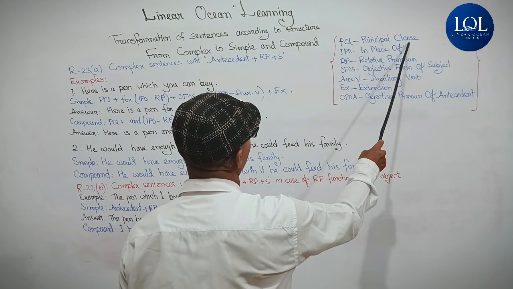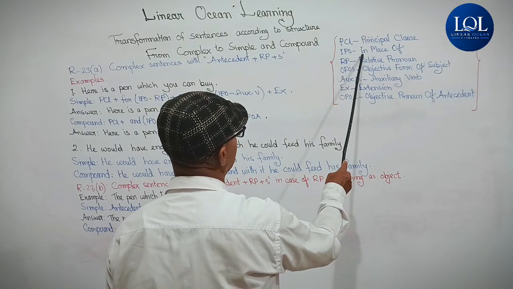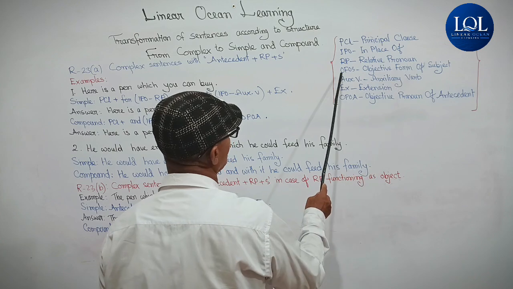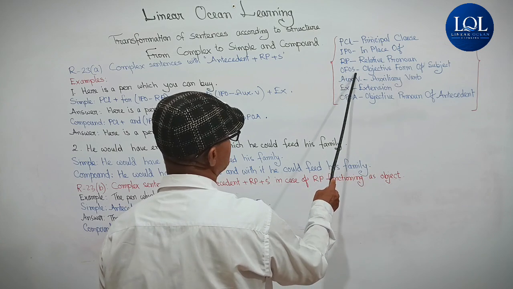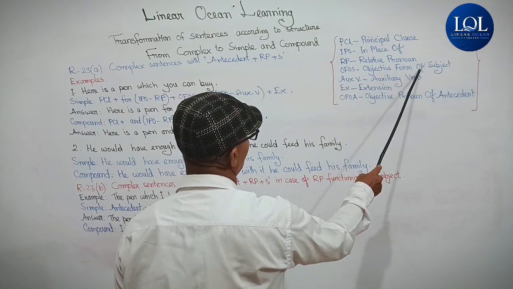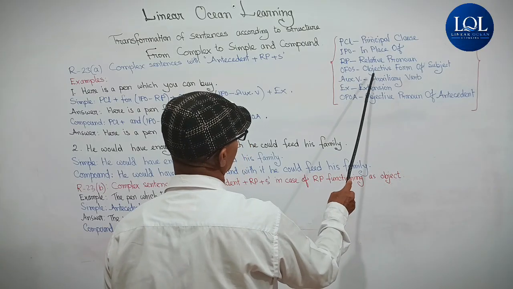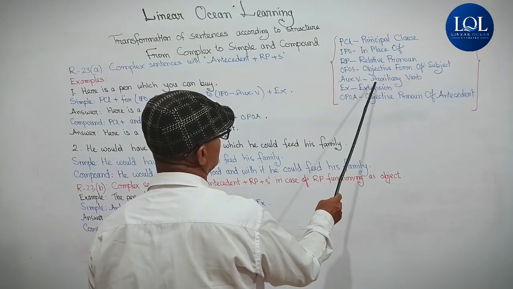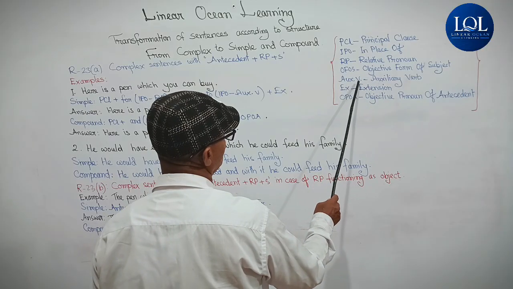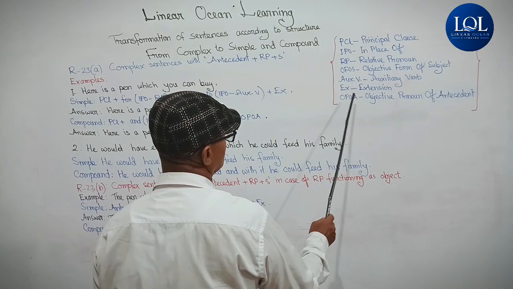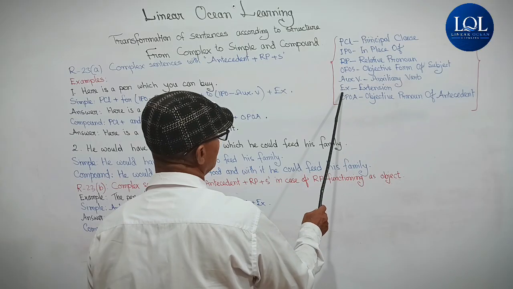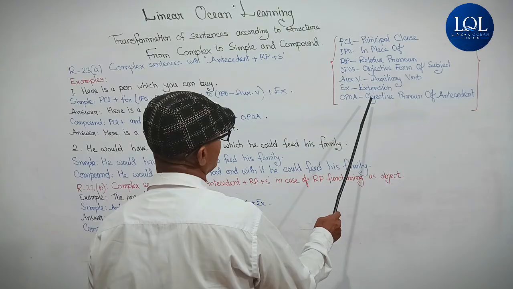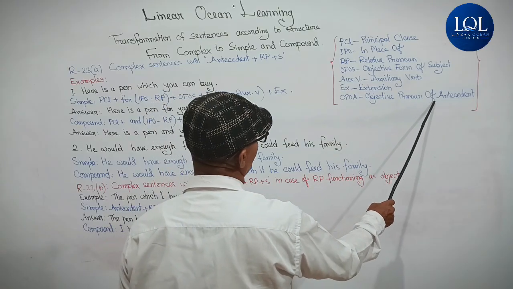PCL means principal clause, IPO means in place of, RP means relative pronoun, OFOS means objective form of subject, and we can also say objective pronoun of subject, AUX.V. means auxiliary verb, EX means extension, OPOA means objective pronoun of antecedent.